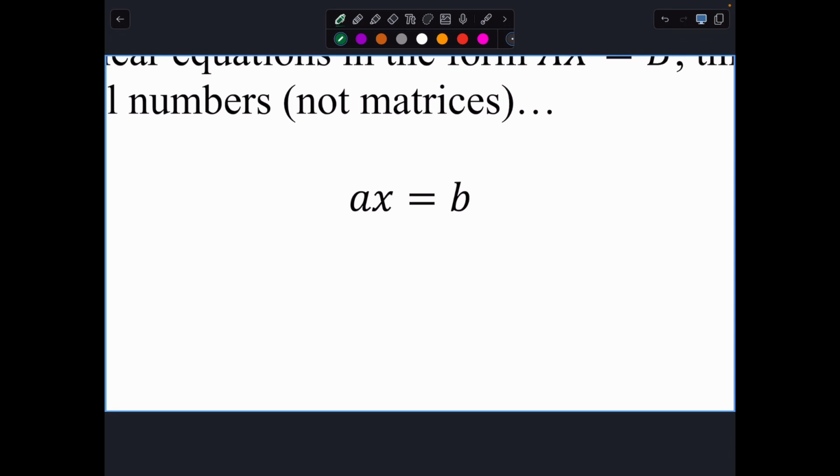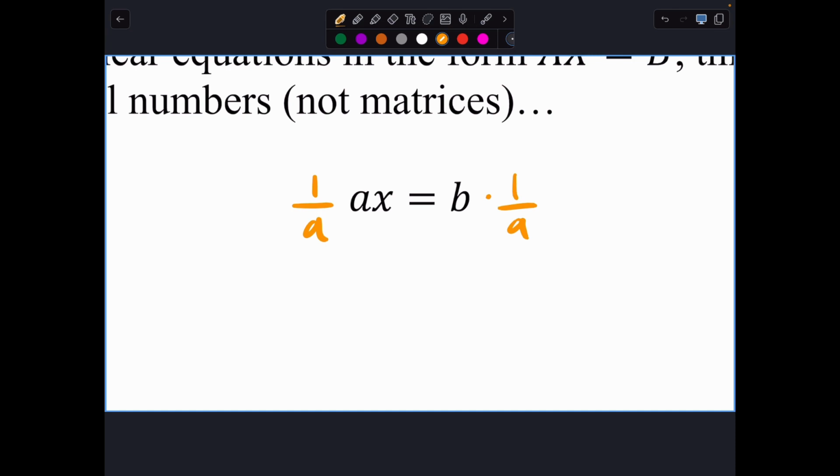Multiplying by 1 over A. So if we thought about multiplying by 1 over A on each side, right? That would still give us X equals B over A, right? Like that would be isolated.